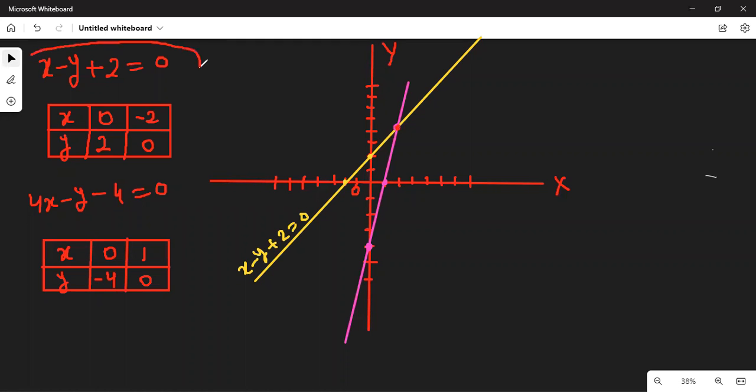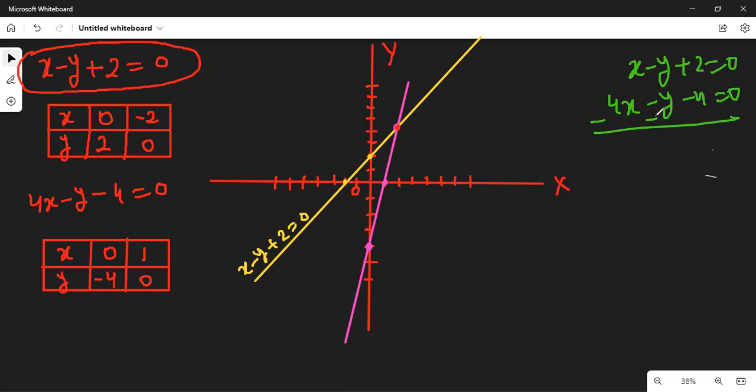When we solve this equation and this equation, let's do it here. Solving x minus y plus 2 equal to 0 and 4x minus y minus 4 equal to 0. When we subtract, sign change, you know.